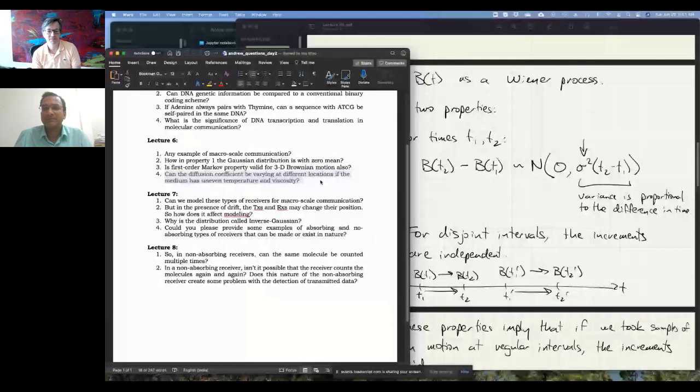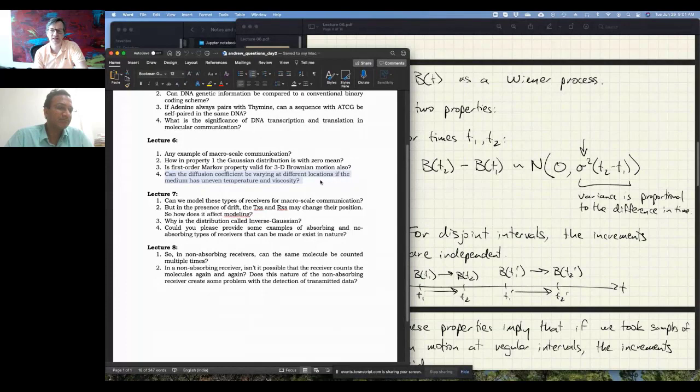But there are definitely real-world examples of problems caused by uneven temperature and viscosity. This would cause uneven diffusion, and this is potentially something that you'd have to take into account in designing a real molecular communication system. But in this course, because that's a difficult issue and doesn't lend itself to clean closed-form solutions, we tend not to deal with that. But it is an issue.